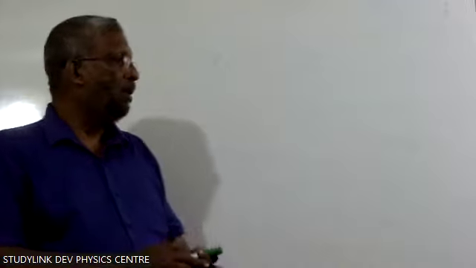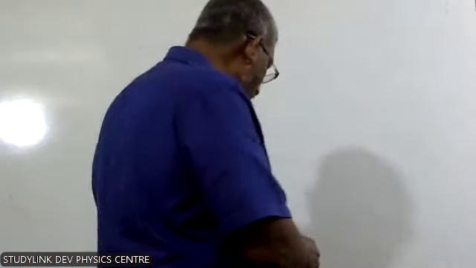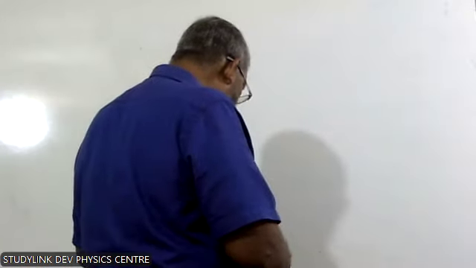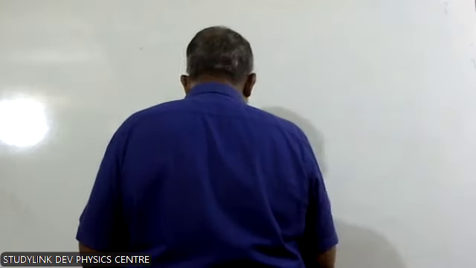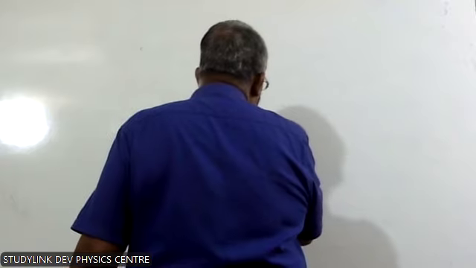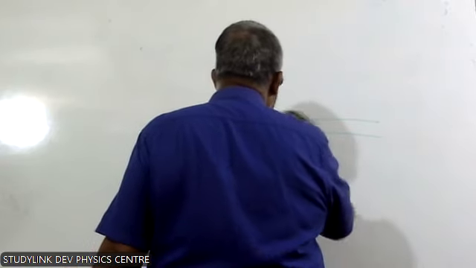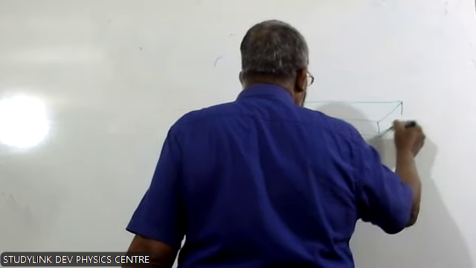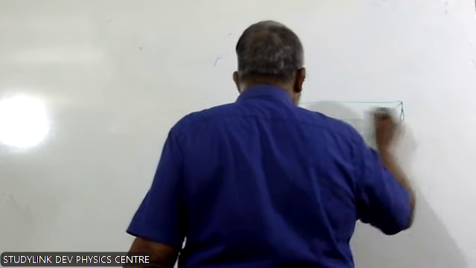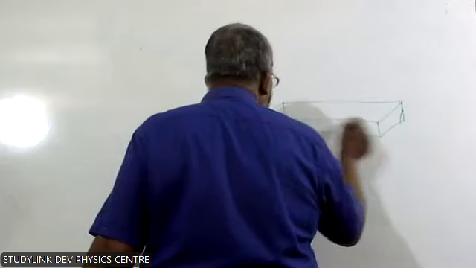It does not move. Then above the oil layer, a light box or light board is placed.